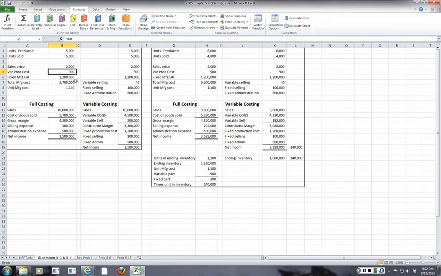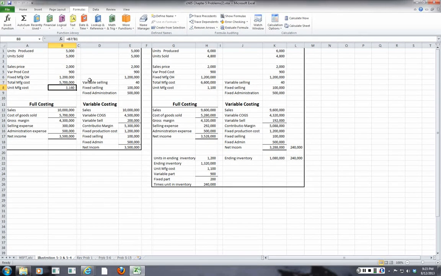Variable production cost you can see is $900. Fixed manufacturing overhead is $1,200,000. So now the total manufacturing cost is 5,000 units multiplied by the variable production cost of $900 plus $1,200,000 of fixed. So that gives you $5,700,000 of total manufacturing cost.